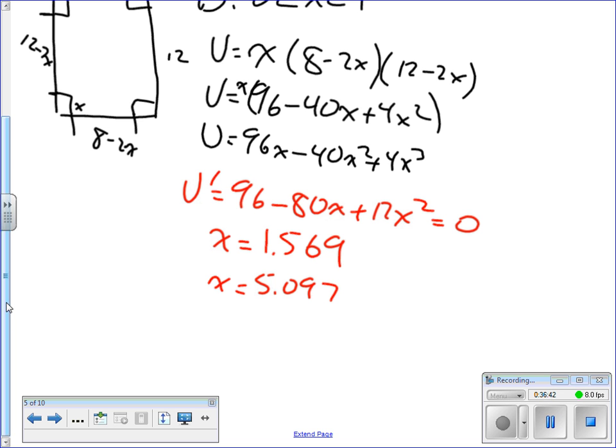You should find out because I don't use the solver. When I have a polynomial, I never use my solver. There's a way to solve polynomials specifically. All I have to do is punch in 12, -80, 96, solve, and it'll give me my solutions.